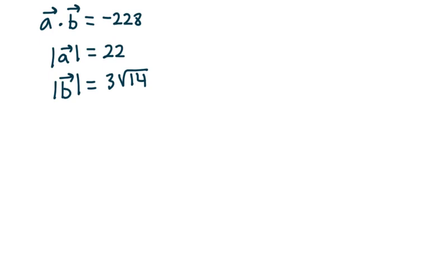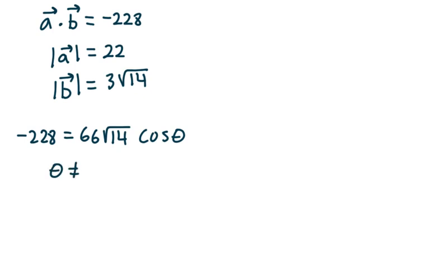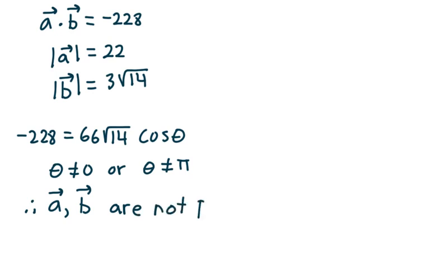And so negative 228 is 66 times the square root of 14 times cosine of theta. And certainly, theta does not equal 0 or theta does not equal pi. And so therefore, vectors A and B are not parallel. So the answer is neither.